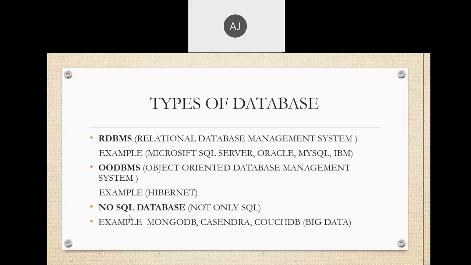NoSQL has an infinite limit. Okay, in that we can collect the future data also, and also the performance of NoSQL is better as compared to RDBMS. The performance of a NoSQL database is better because RDBMS is a relational database.